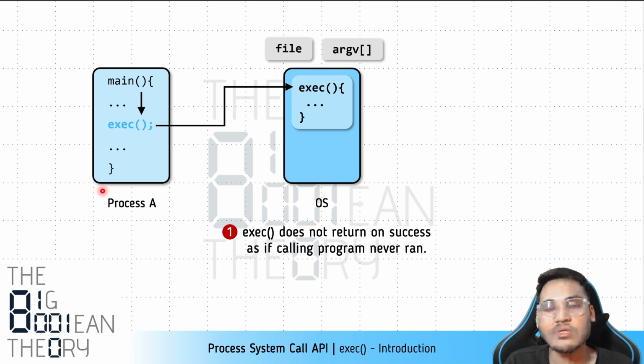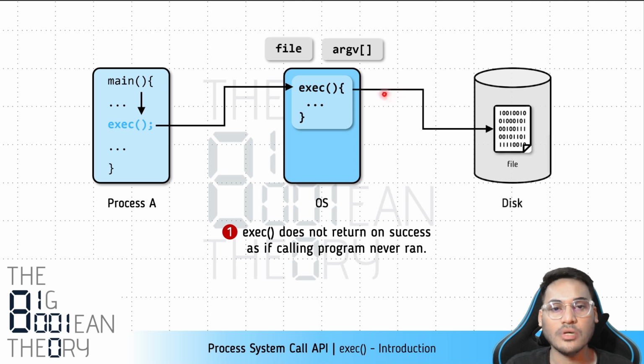Let's take an example to understand this. Let's say we have a process A and it invokes the exec system call. When it does that, the control is transferred to the exec routine inside the operating system. And as we can see, the arguments have also been passed, that is the name of the file and the list of arguments that is needed for the new program, right? So now what does the routine do?